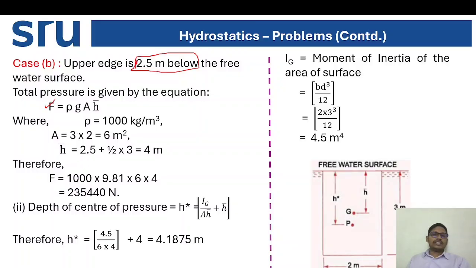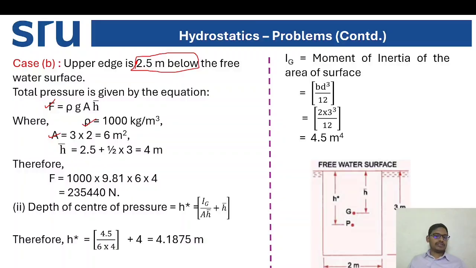F is equal to rho g A H bar, as usual rho is equal to 1000 kg per meter cube, A is equal to 3 into 2, and F is equal to 1000 into 9.81 into 6 into 4. So it is 235,440 newtons.